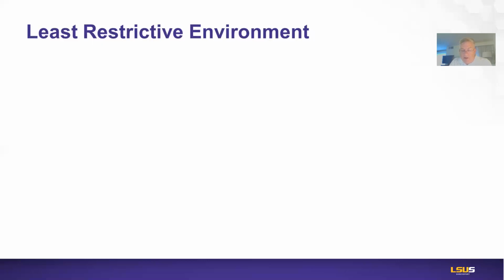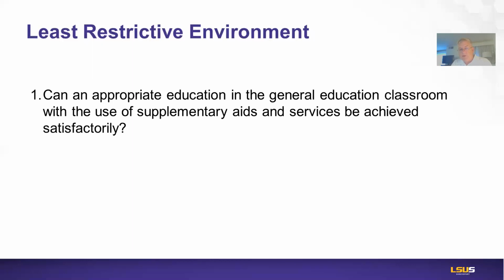So the court in 1989, Fifth Circuit Court, but it's been used as a precedent. The Fifth Circuit Court in 1989, case of Daniel versus State Board of Education, said there's two questions that we as school administrators and public school officials have to answer. The first one is, can we provide an appropriate education in a general ed classroom with the use of supplemental aids and services?